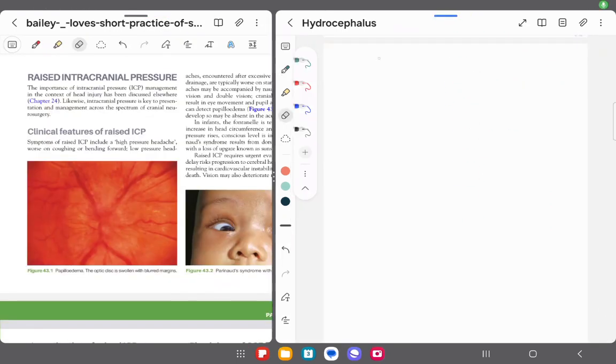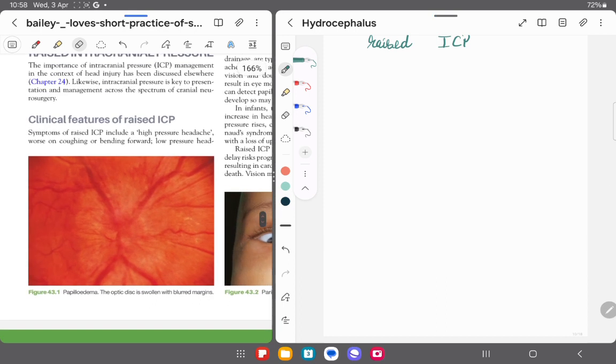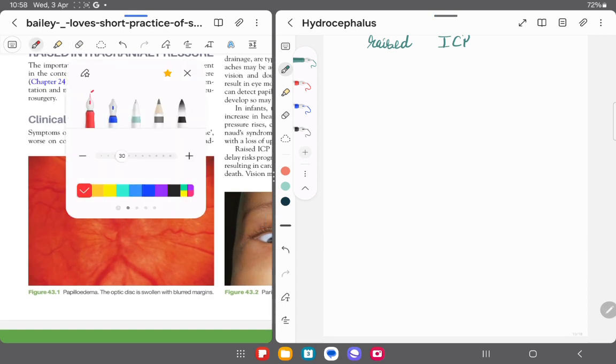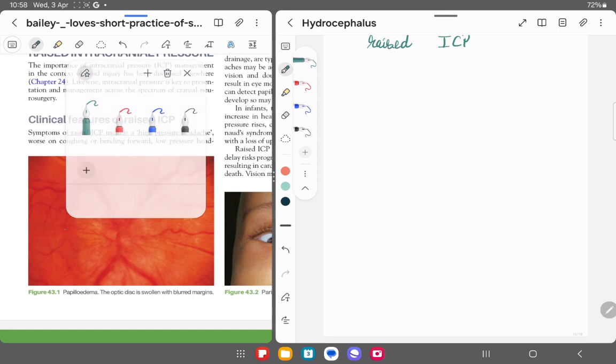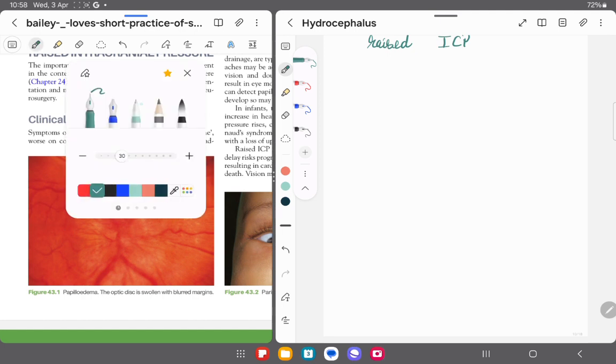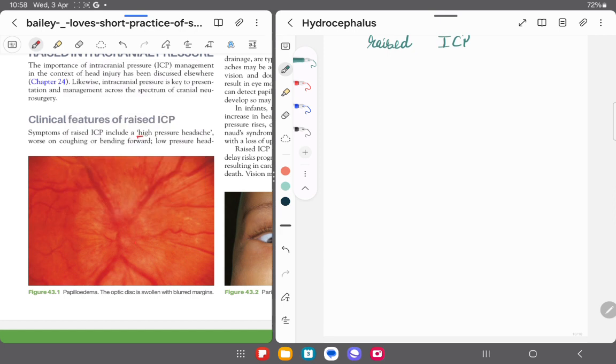Now let us see the clinical features of raised intracranial pressure. Symptoms of raised ICP include high pressure headache, which is worse on coughing or bending forward.